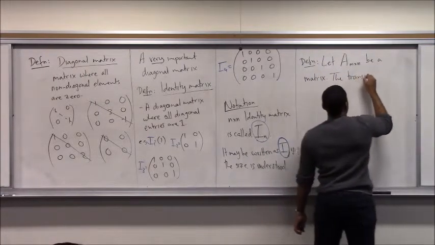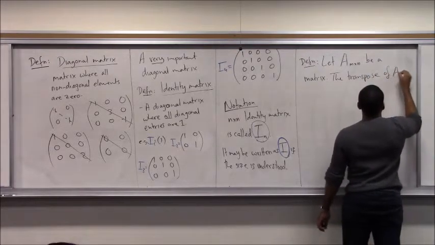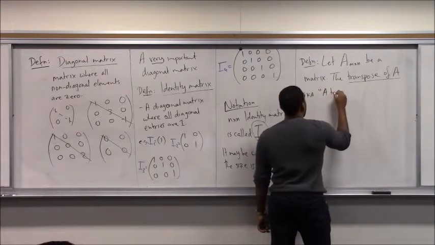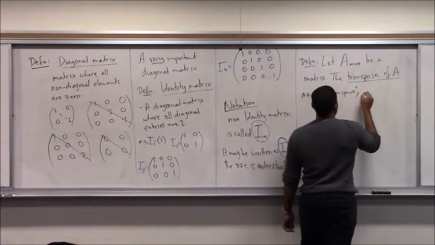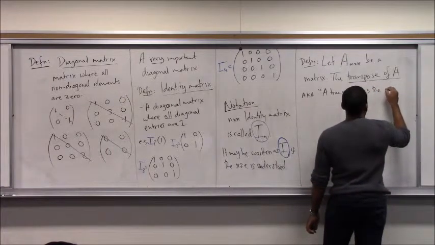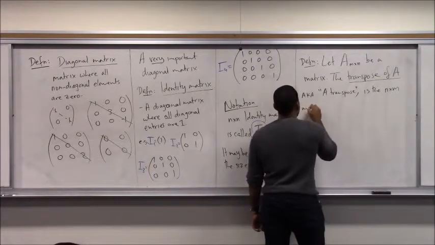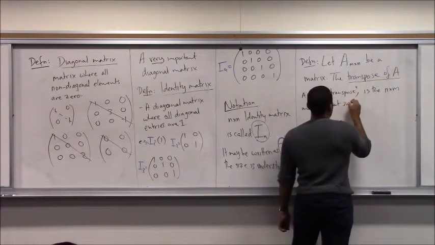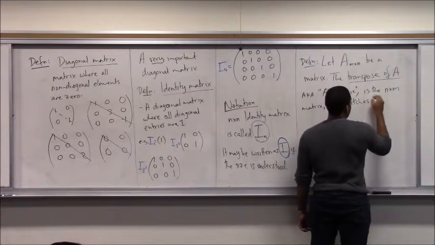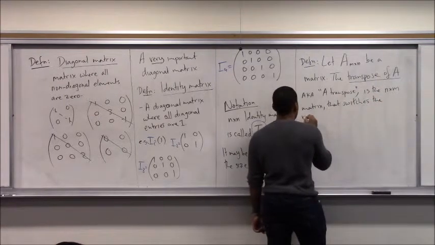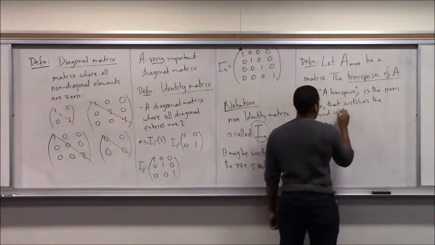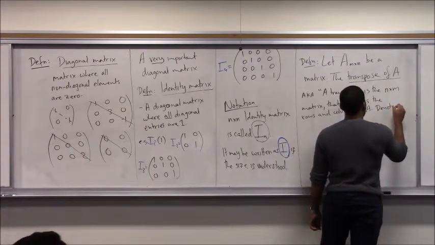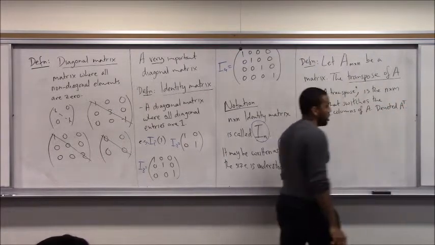The transpose of A, aka, I might call it just A transpose, is the n by m matrix that switches the rows and columns of A. It is denoted by A raised to the T, uppercase T.